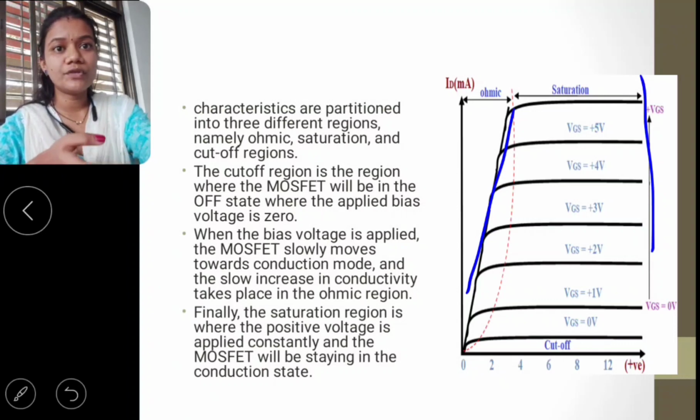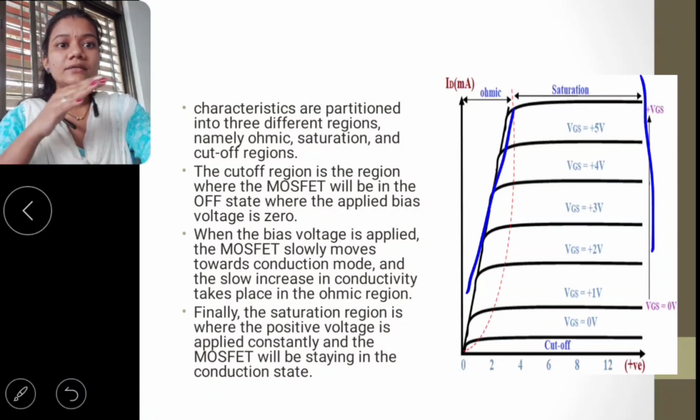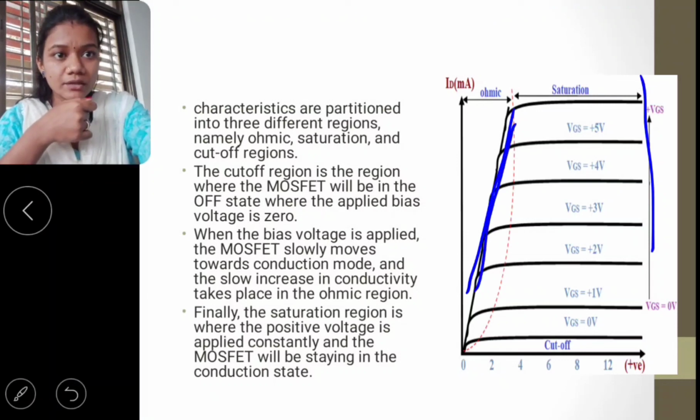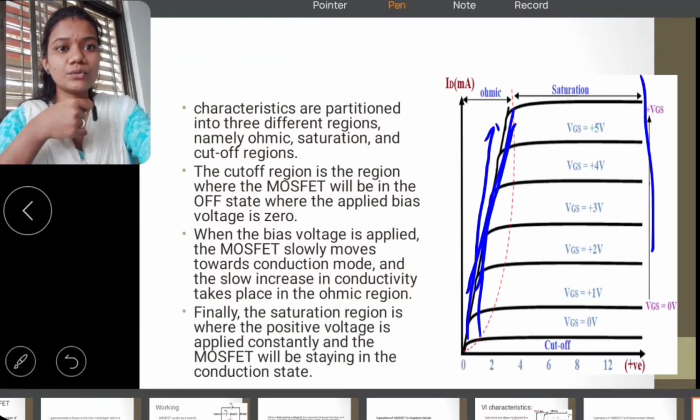When a small bias voltage is applied to the MOSFET, it will slowly start conducting, and the increase in the depletion region causes ID to flow. This is the ohmic region: for a small voltage there is a gradual increase in current.